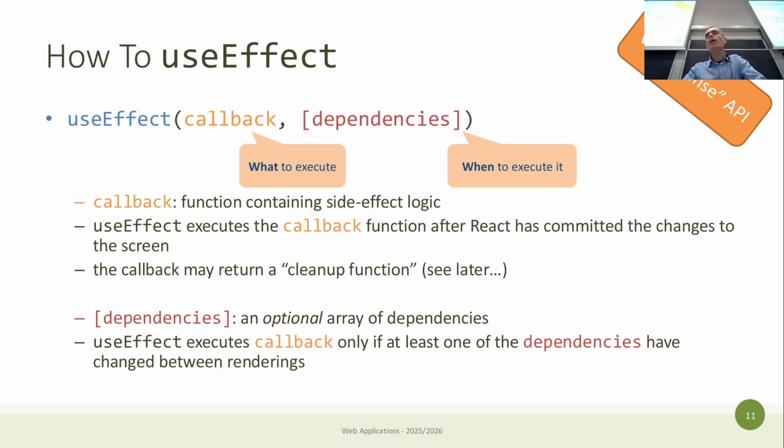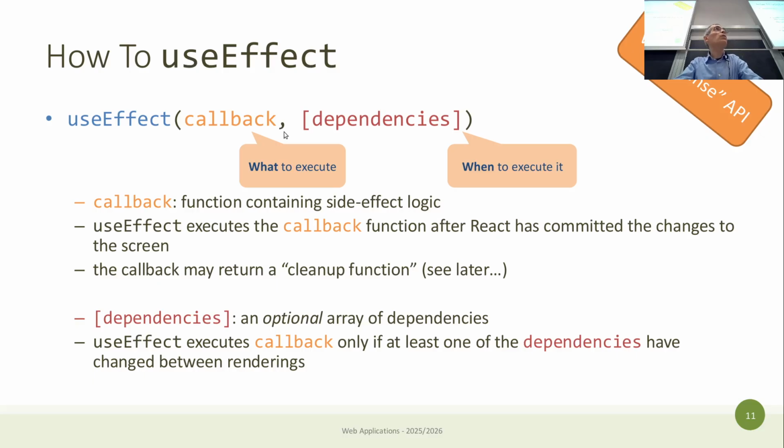But actually, I must tell you, this useEffect API is quite complicated, at least in the definition. You can have a look at the React documentation, and you will see all these cases and so on. But in principle, you just pass a callback that contains a code. Okay, that's JavaScript.